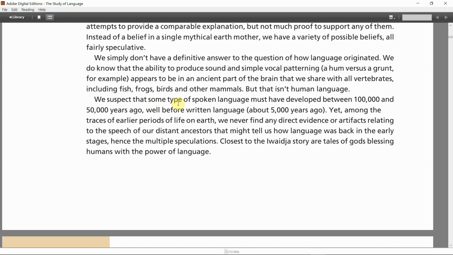We suspect that some type of spoken language must have developed between 100,000 and 50,000 years ago, well before written language, about 5,000 years ago. Now, most of the time, the information in these brackets, in these parentheses, is not very important.